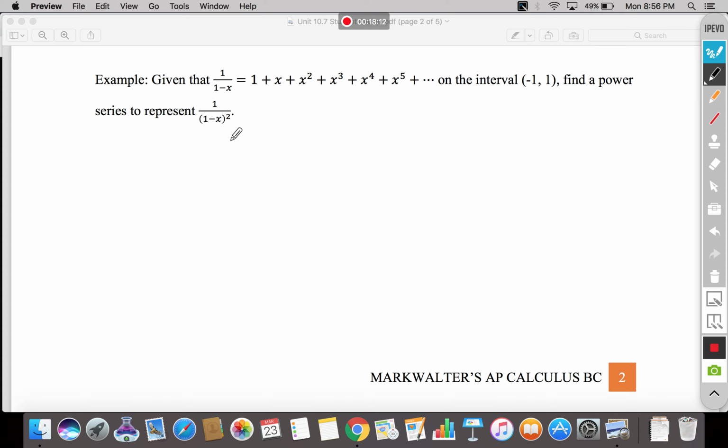Now, I'm going to speed things up a little bit just because I've set this problem up to show something in particular. But here's what we've got to recognize, okay? If I know this, I know for a fact that 1 over 1 minus x is equal to 1 plus x plus x squared plus x cubed plus x to the fourth plus, and so on and so forth, right?